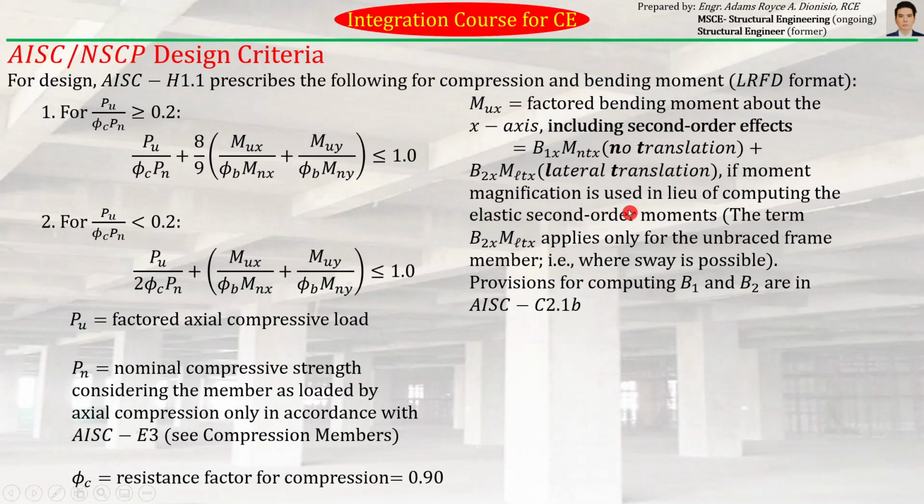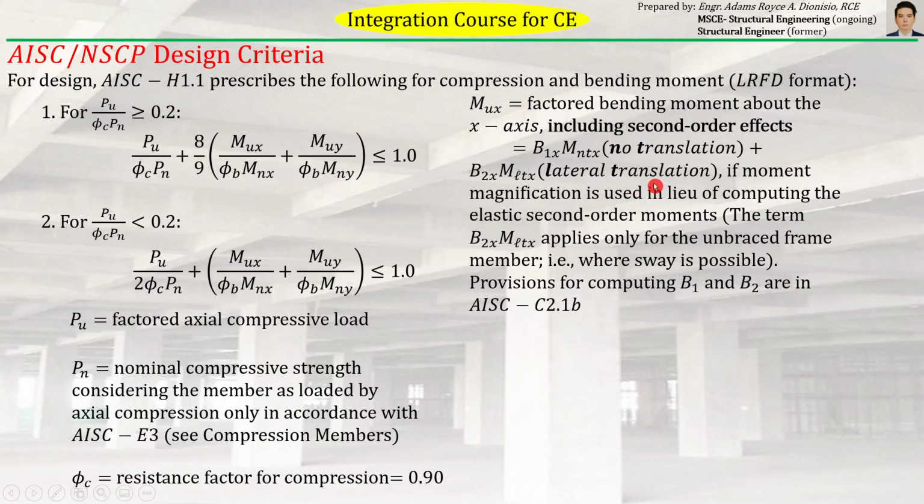Okay. So yung Mux natin dito na ginagamit sa interaction equation will be the factored bending moment about the x-axis, and you have to include the second order effects as well, which is just equal to B1x Mntx, nt ibig sabihin no translation, plus B2x Mltx, lt ibig sabihin yung may lateral translation naman.